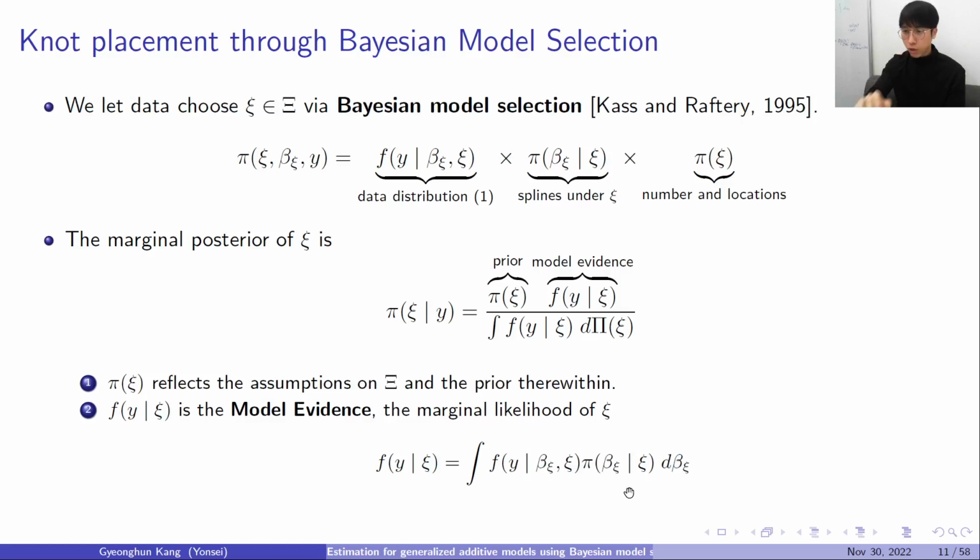This integration is analytically tractable only if the response is normal, because in most cases we use a normal prior for the beta. But for a non-normal distribution, you have to approximate it. In 2018, in a JASA paper by Lee and Clyde, they introduced a specific prior for the regression coefficients, which allows for a tractable Laplace approximation of this model evidence, and we're going to use that.